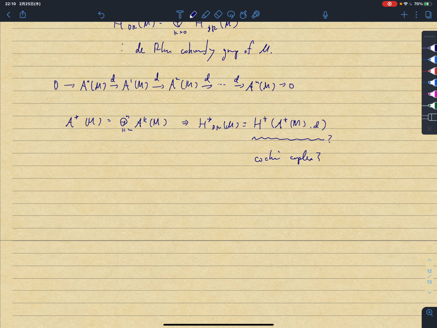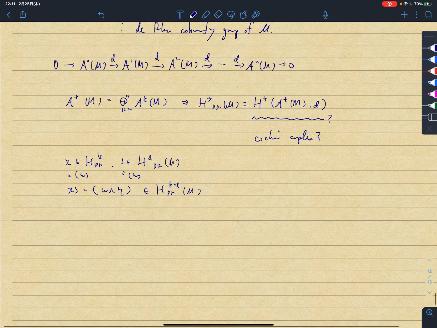If x is a k-form and y an l-form in de Rham cohomology, represented by closed forms, then we define the product xy.